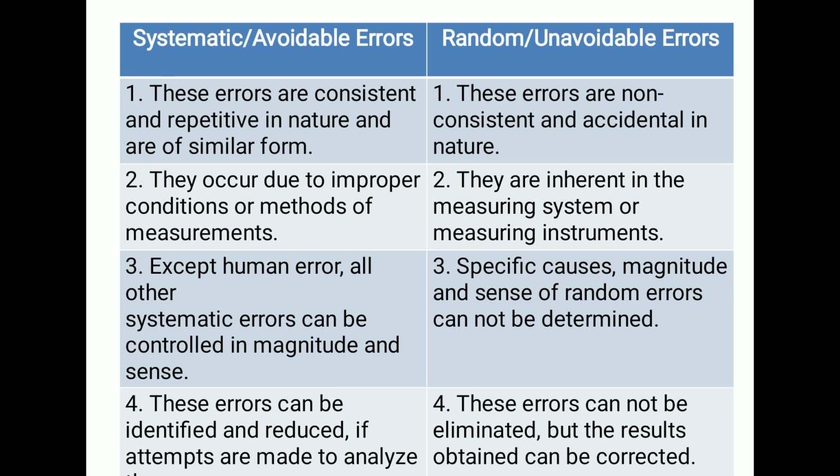Third point, except human error, all other systematic errors can be controlled in magnitude and sense, whereas the specific causes, magnitude, and sense of random errors cannot be determined. They are unpredictable. Fourth point, systematic errors can be identified and reduced if attempts are made to analyze the reasons, whereas random errors cannot be eliminated, but the results obtained can be corrected by suitable action.